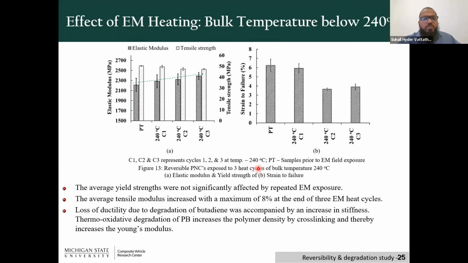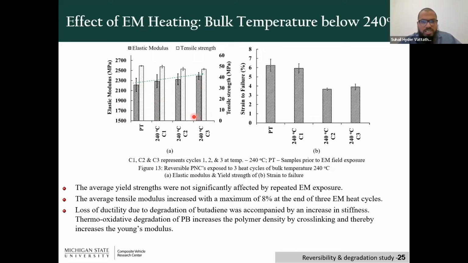Now, if you look into the different heat cycles, the processing temperature is 240C. So at 240C, I did different heat cycles: just heat it to 240C, let it cool, and do the mechanical testing. We can get the elastic modulus and the tensile strength at different heat cycles.